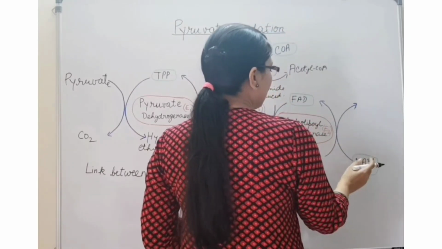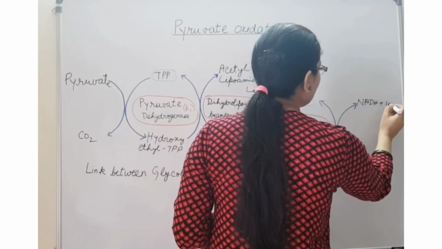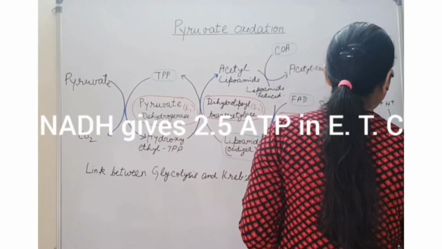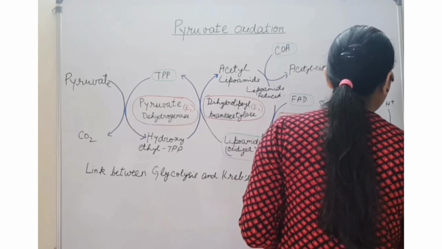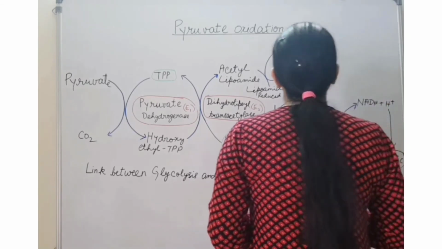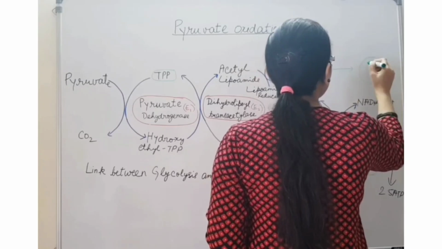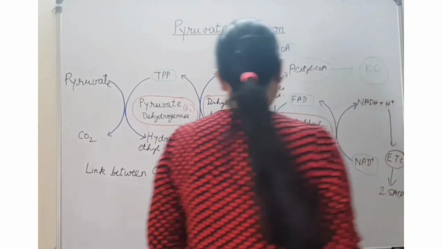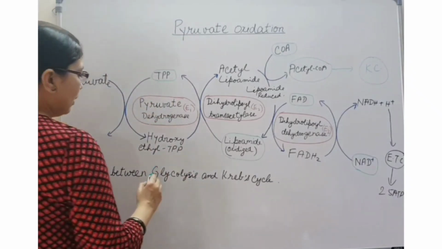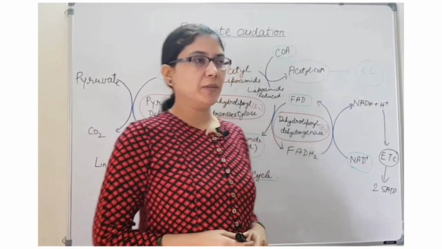FADH2 then transfers its reducing equivalent to NAD plus and it forms NADH plus H plus. This then by electron transport chain through oxidative phosphorylation gives 2.5 ATP. Now this acetyl coenzyme A enters into Kreb cycle. So this reaction is known as link between glycolysis and Kreb cycle.